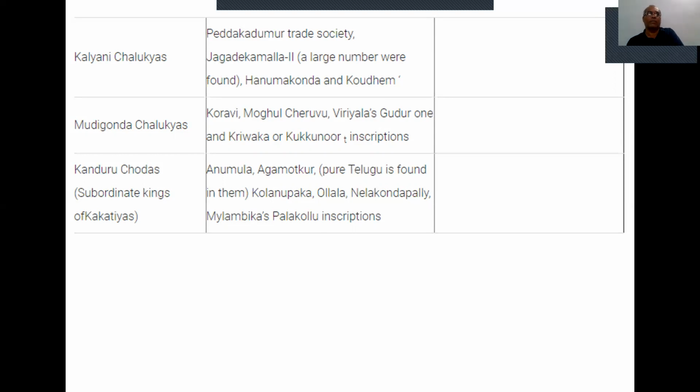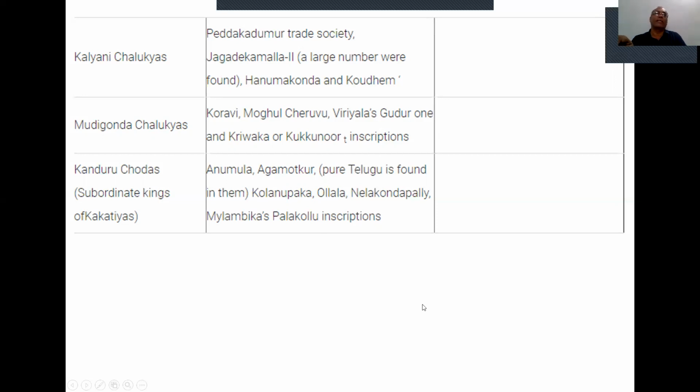And then the next one is the Kanduru Chodas, and Anumula and Agamukur. These are the pure Telugu found in them, and Kolanapaku, Ullala, Nelakondapalli, and Mumbaikars, the Palakulu. These are the areas where you find the inscriptions of this region.